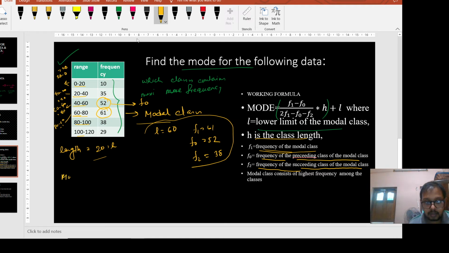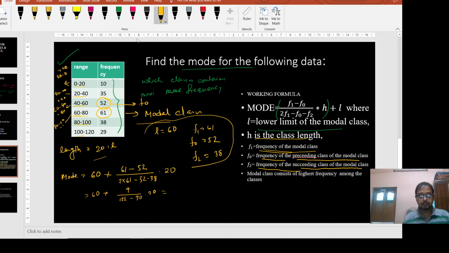So here mode is equal to 60 plus f1 is 61 minus 52 divided by 2 into 61 minus 52 minus 32 into h, which is 20. So let's see what we get: 9 by 122 minus 84 into 20.